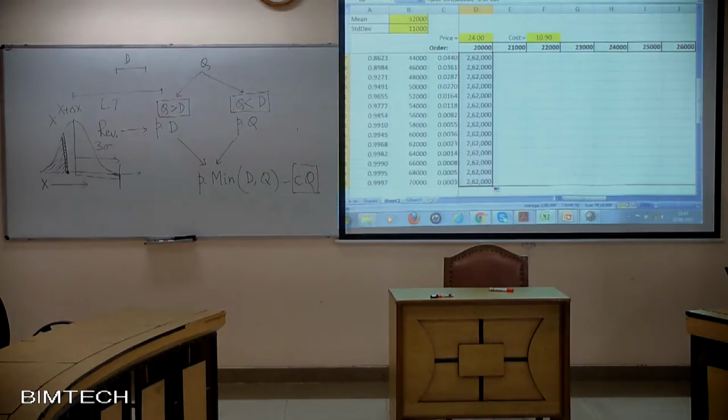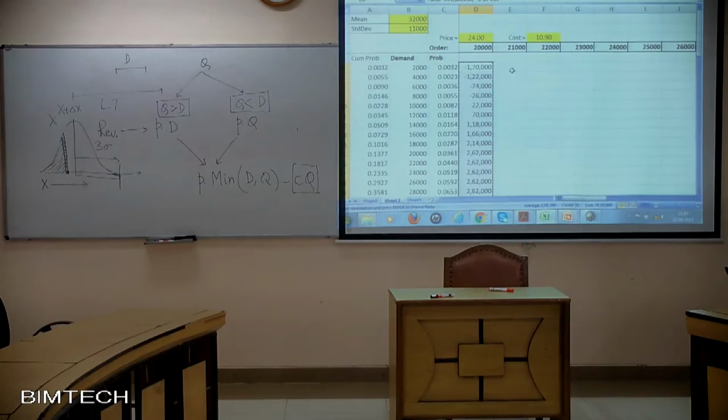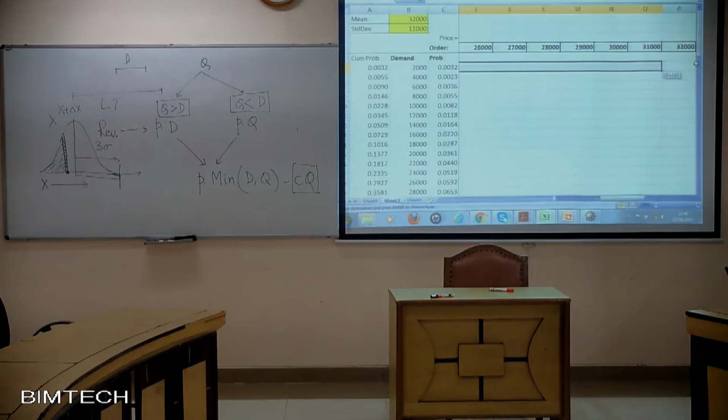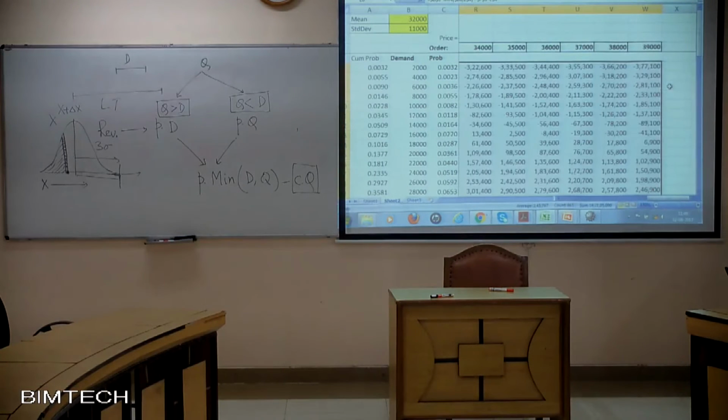Okay. So I copy this down. There we are. We get the profit figures. And I then copy this. I do a Control C, and I'm going to just cover the entire range of order quantities till 39. Okay, and then I'm going to press enter, and there we are.